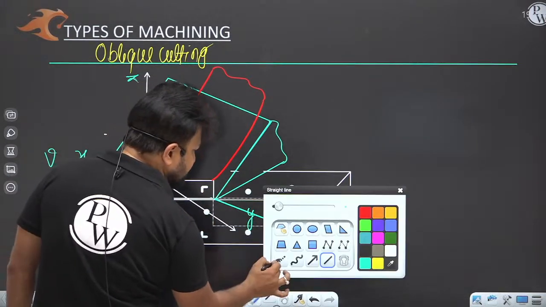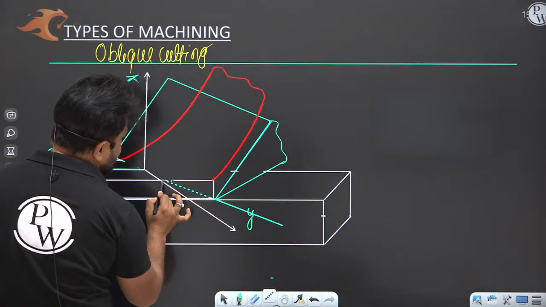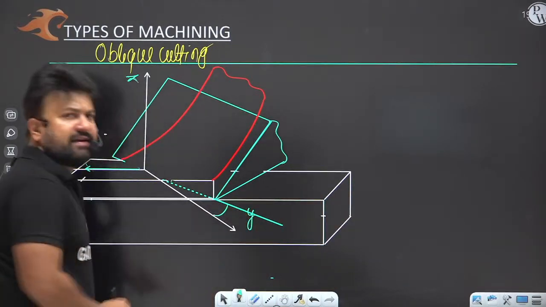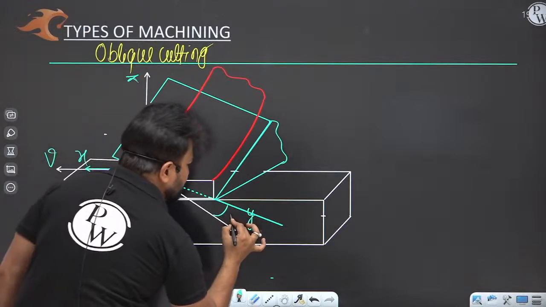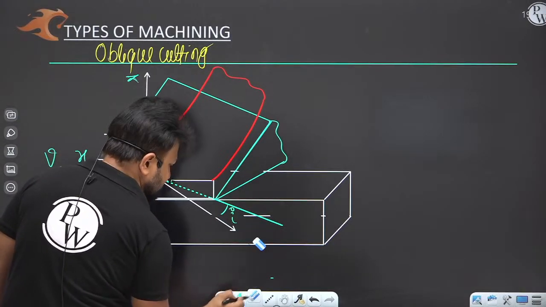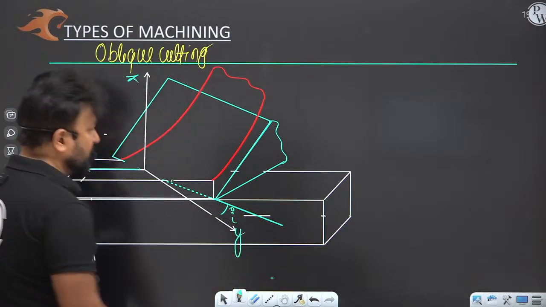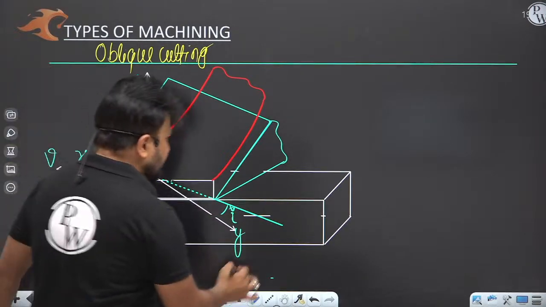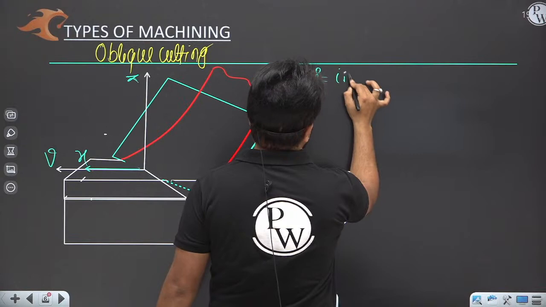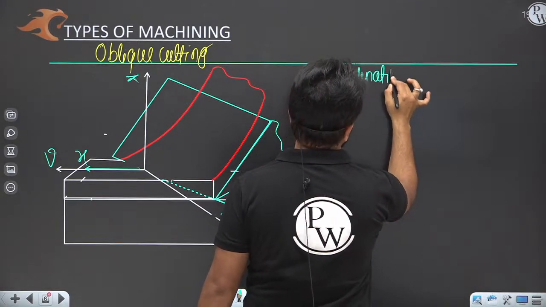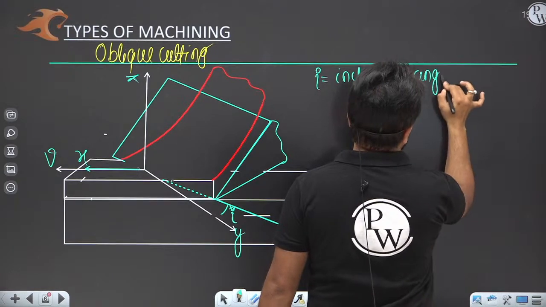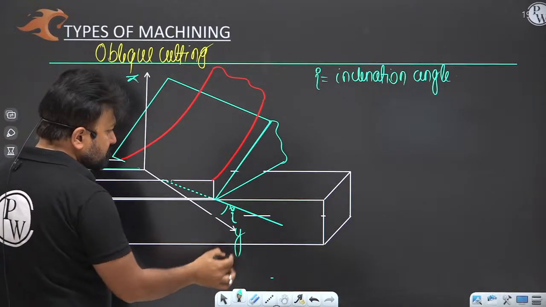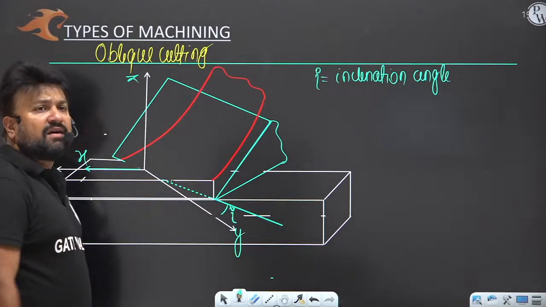Here the cutting edge is inclined from the y-axis. This is the inclination angle. Here i is the inclination angle. So there will be an inclination angle of the cutting edge from the y-axis.